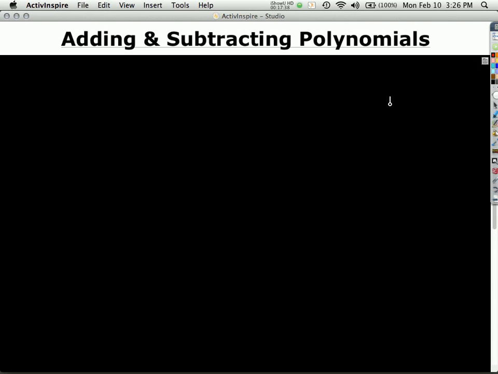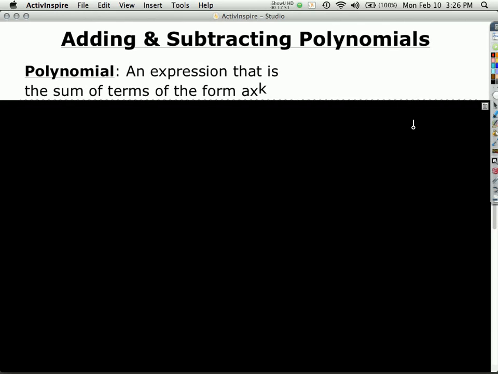So now we're going to start trying to establish that vocabulary, the way that we're going to be communicating about certain ideas. So the burning question was, what is a polynomial? So a polynomial is an expression. You've actually been studying them since the beginning of the year. You just didn't know they were called polynomials.